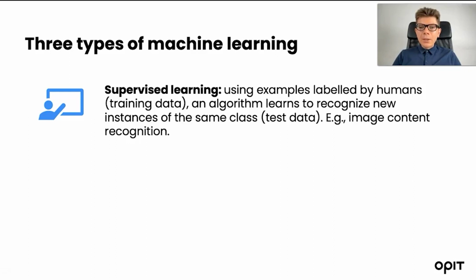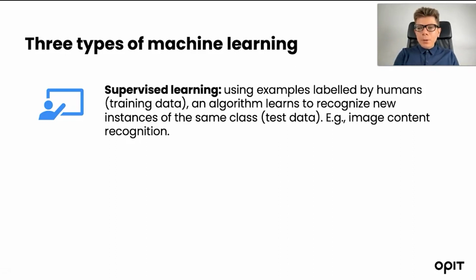Training data is used to teach an algorithm and model how to recognize those elements. And test data is the data that the algorithm has not thus far seen, which means that it will use some of the patterns it learned from the training data to recognize similar elements in the test data.